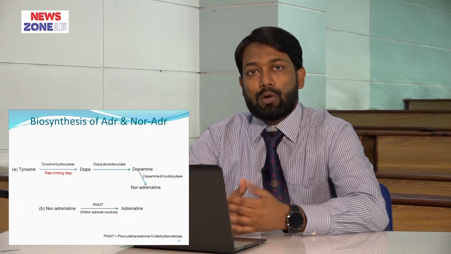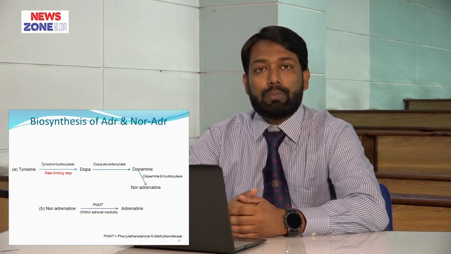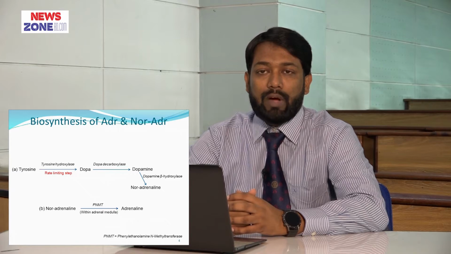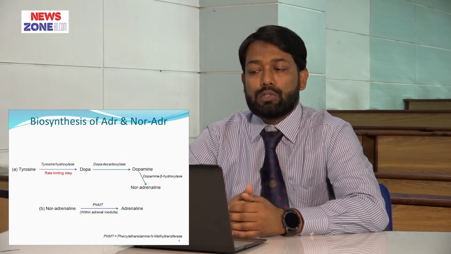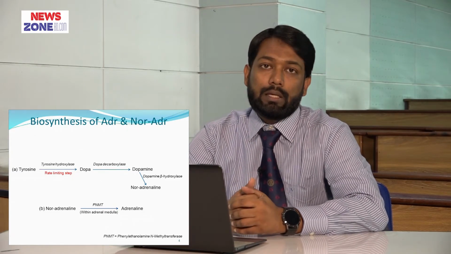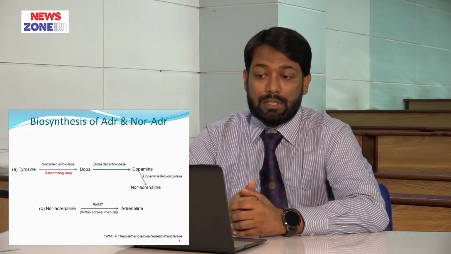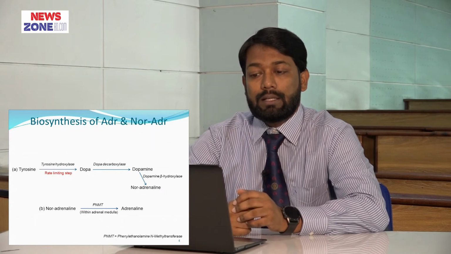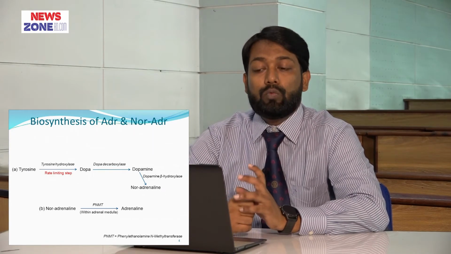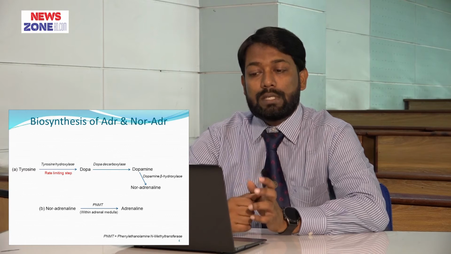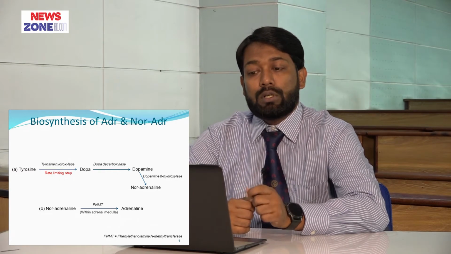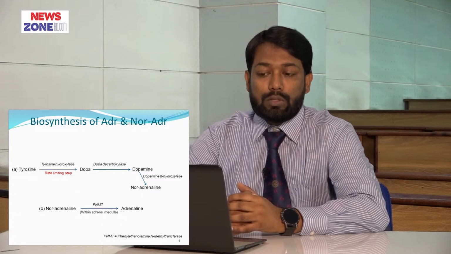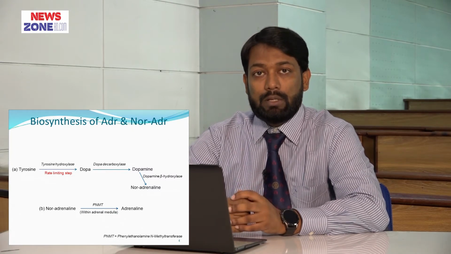DOPA is then converted into dopamine by DOPA decarboxylase enzyme, and finally dopamine is converted to noradrenaline by dopamine beta hydroxylase. Please note that in the slide I have highlighted the rate limiting step in red color, which is the conversion of DOPA from its precursor tyrosine. This is the rate limiting step.